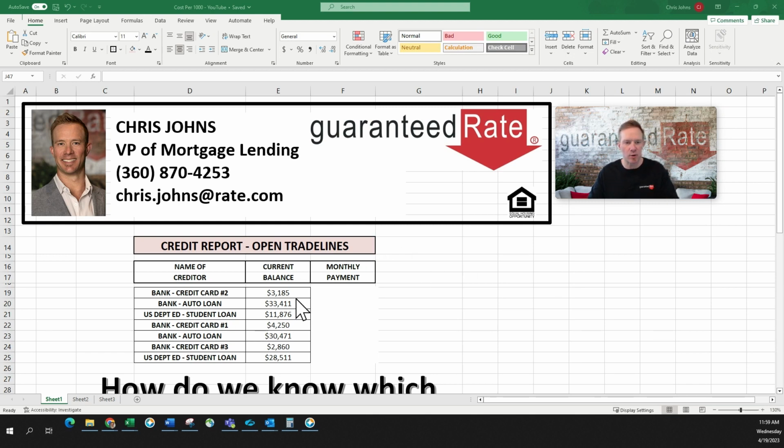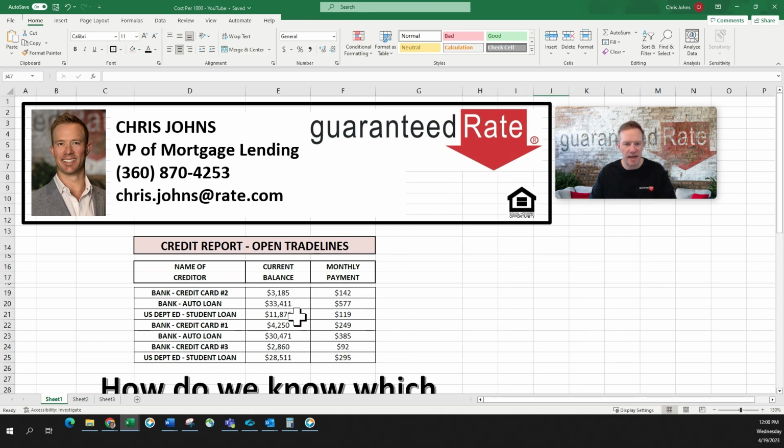So what I did here was I created this scenario right here where somebody has about 7 or 8 open trade lines, and these are the balances on all of them. What I do for my clients is I take these balances and I put them in my Excel worksheet, and then I put the payments next to them, and we start to look at it.